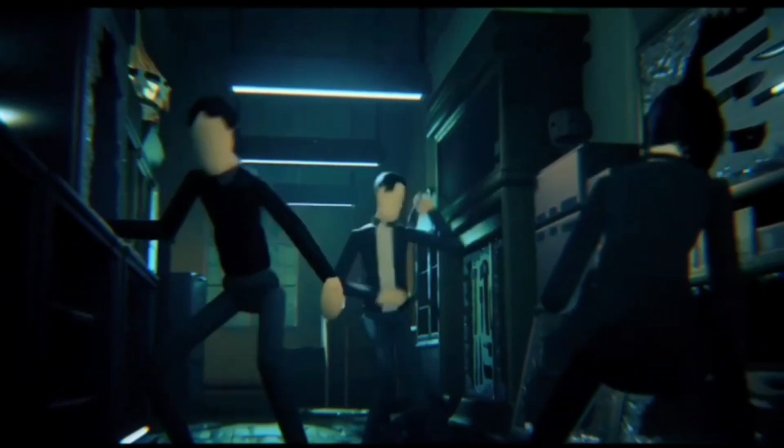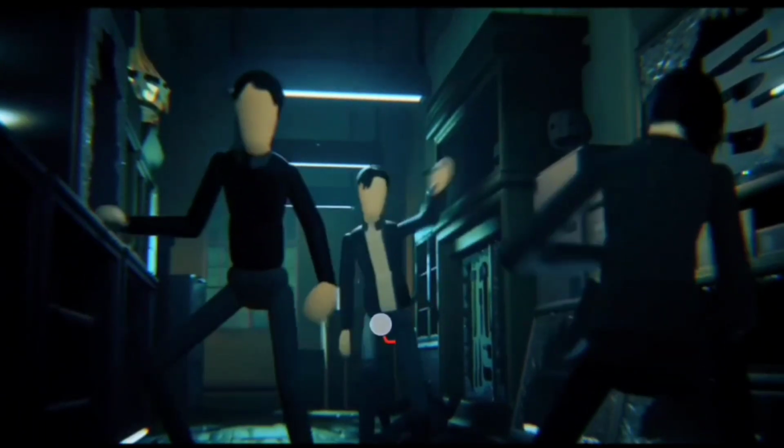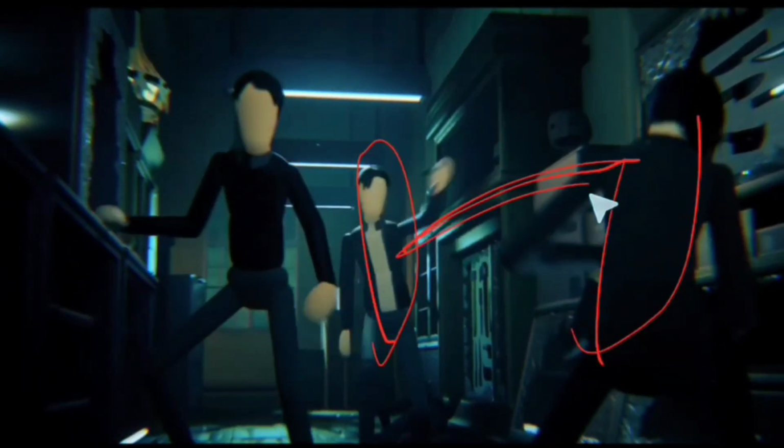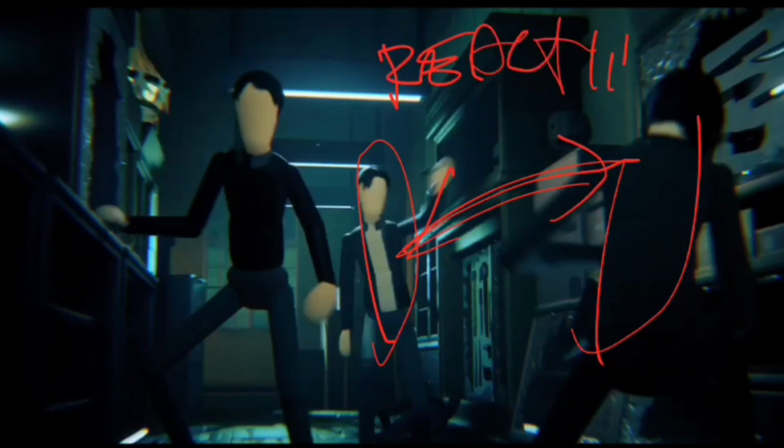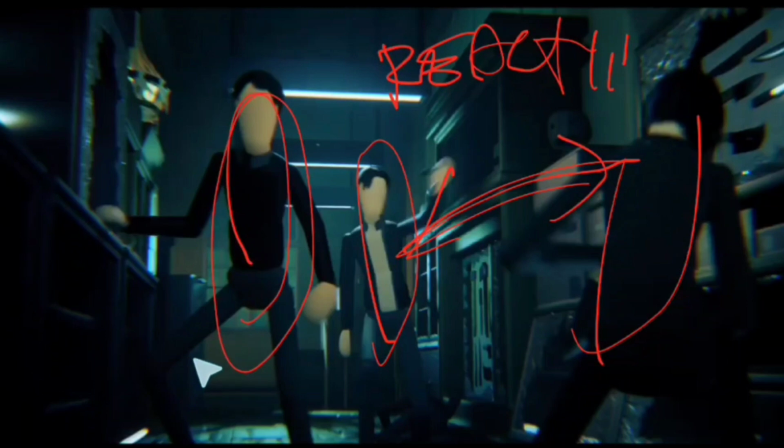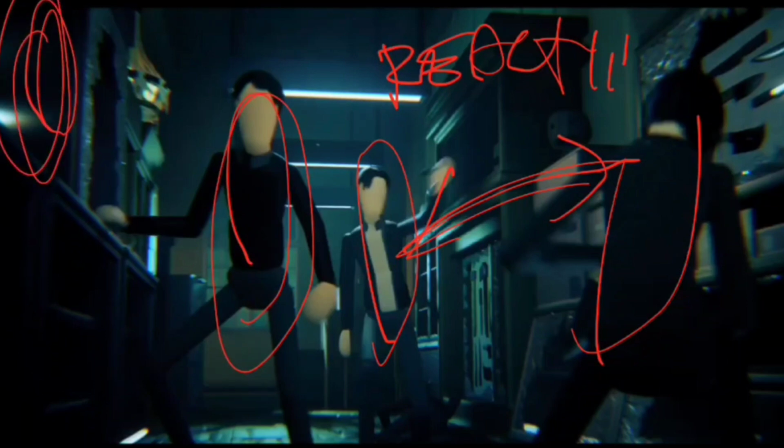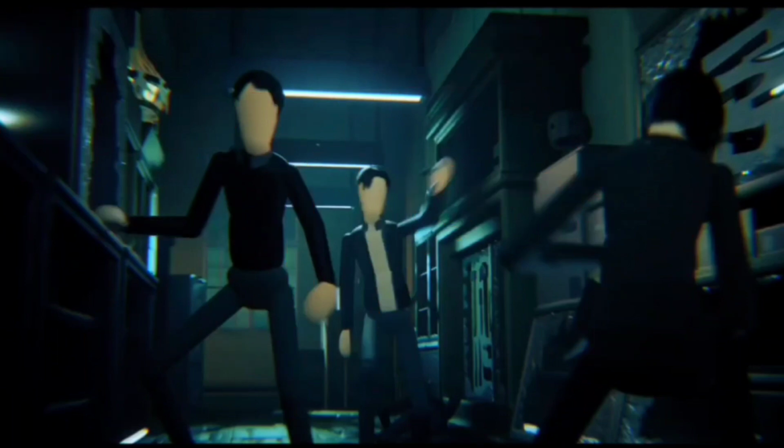And meanwhile, while these two are throwing knives at each other and reacting to each other, this guy on the left, he's running up and he's going to interact with this glass. So there's a lot of staging involved.